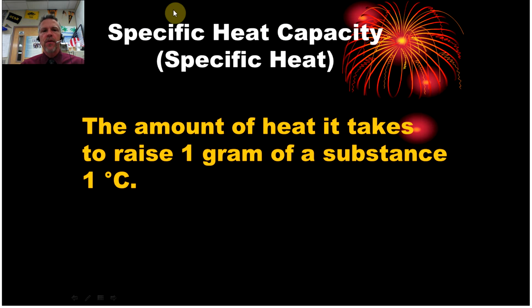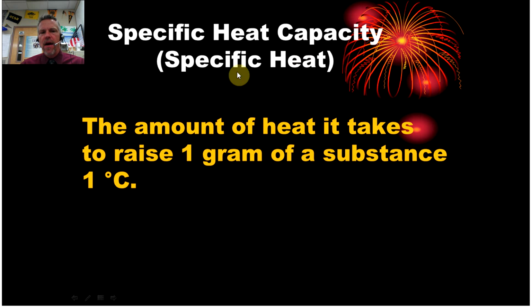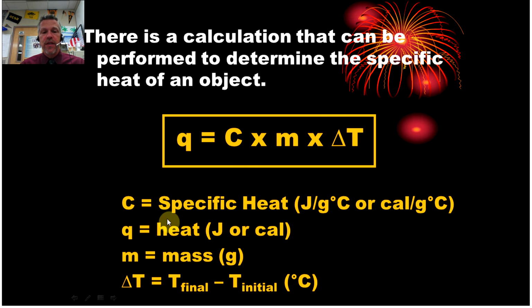So we have something called the specific heat, or specific heat capacity. This is defined as the amount of heat it takes to raise 1 gram of a substance by 1 degree. That's its specific heat capacity. And this variable is shown by the capital letter C.